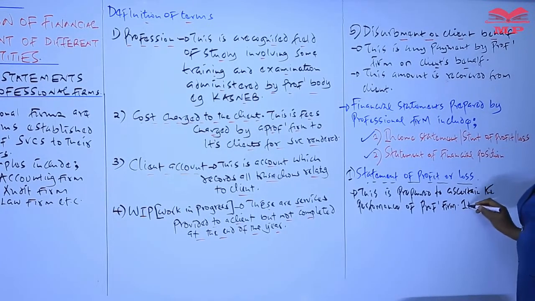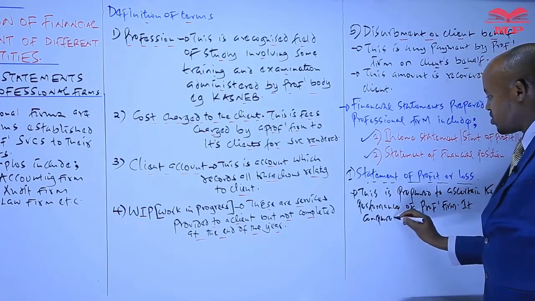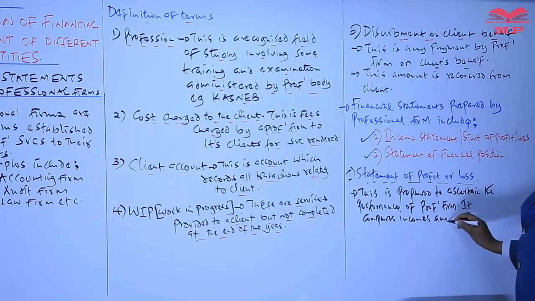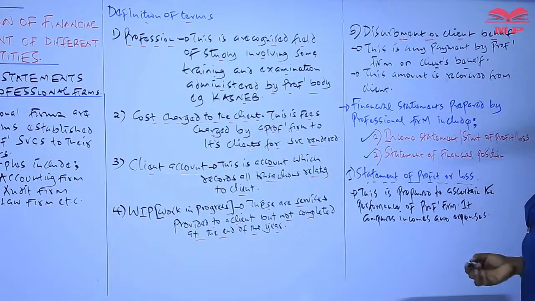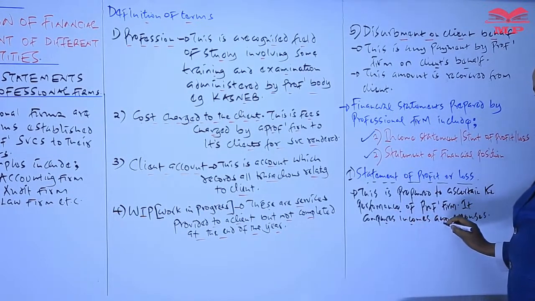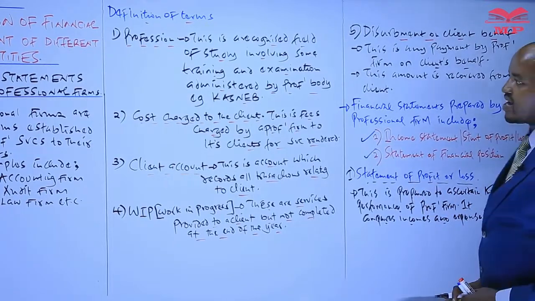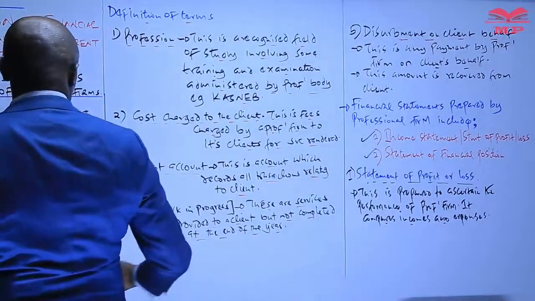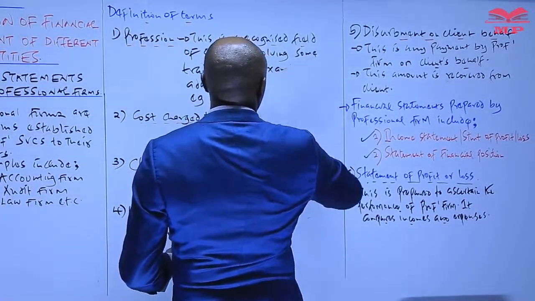On the other hand, we have said it compares incomes and expenses of a certain financial year, and automatically the difference between the incomes and expenses here is a profit or a loss for the year. A profit or a loss for what? For the year. So let's look at the format, how we prepare the statement of profit or loss.